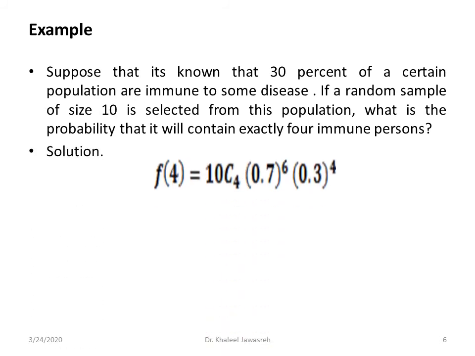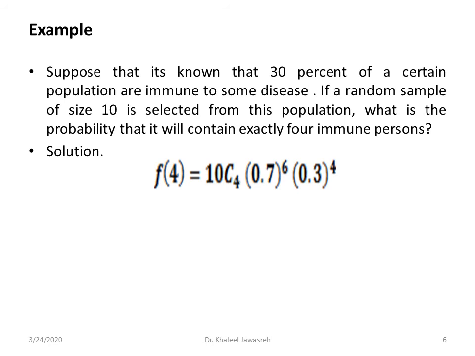Now, the solution, we'll take the equation directly. f(x) equals 10 combination 4 multiplied by 0.7 to the power of 6 times 0.3 to the power of 4. Now, we need to understand where we get these values from. Here, x is 4, since we want to obtain exactly 4 immune persons.